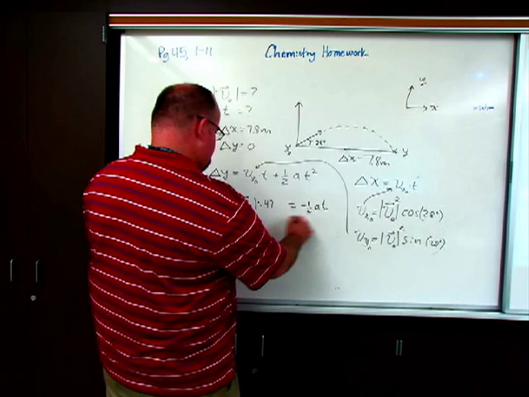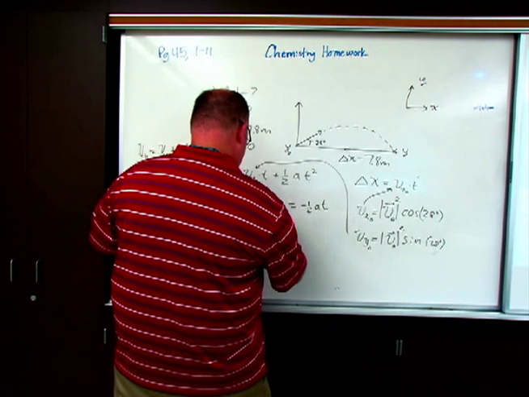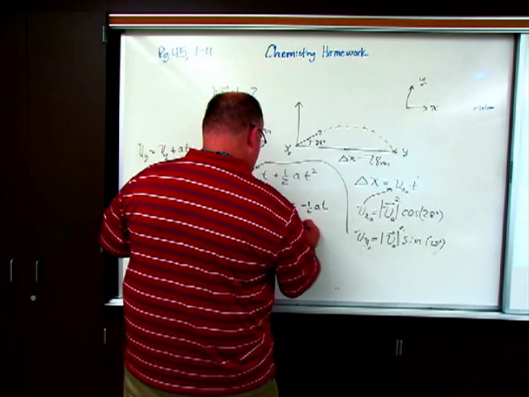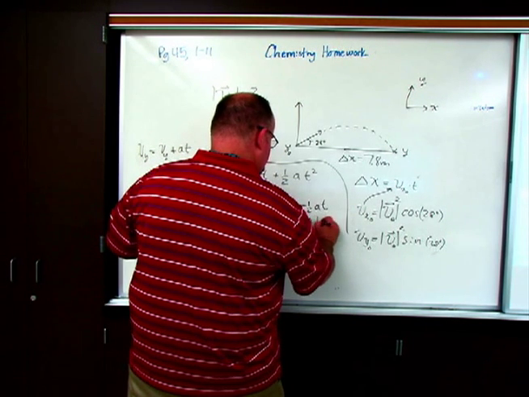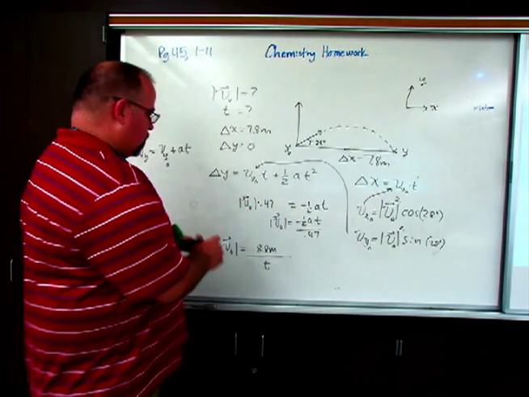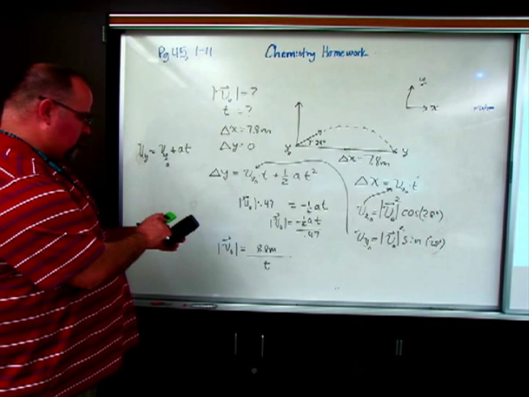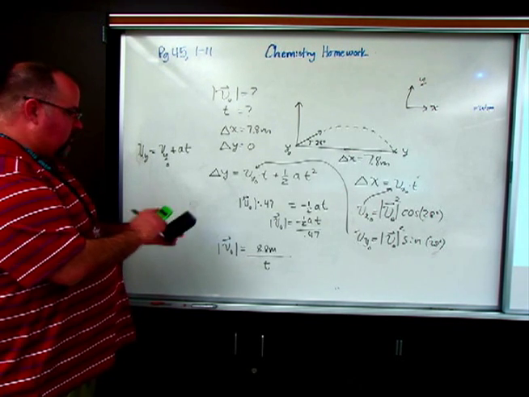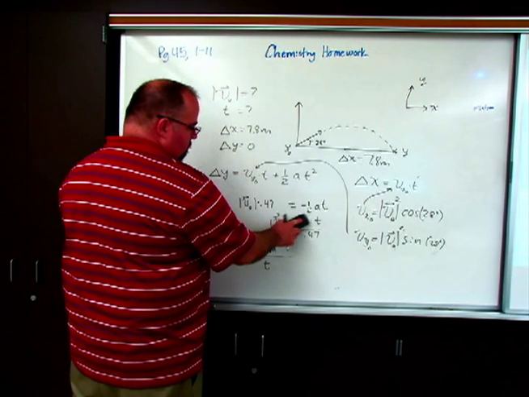So minus 1/2 a t over 0.47. Acceleration is 9.8. But half of 9.8 is 4.6.